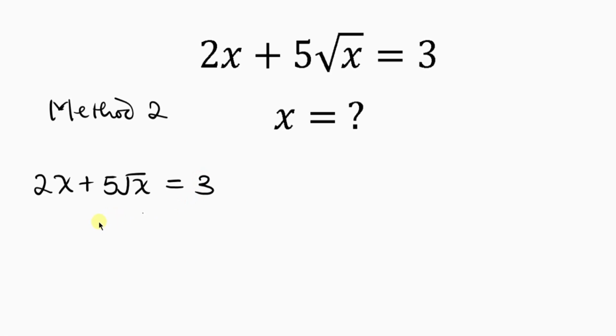So I'll subtract 5 root x from both sides. And then I'm going to move 3 to the left-hand side. In order to do that, I'll subtract 3 from both sides. So I'll subtract 3 from the left. I'll also subtract 3 from the right.